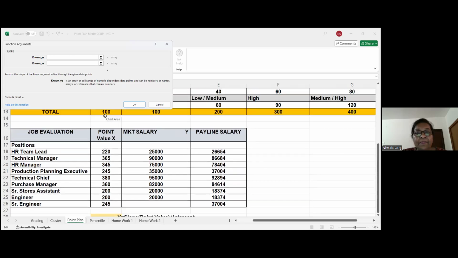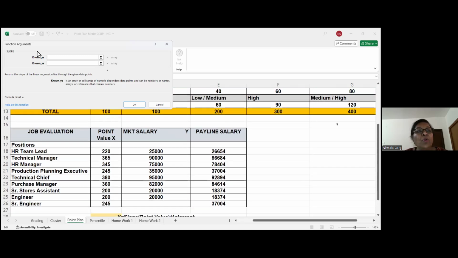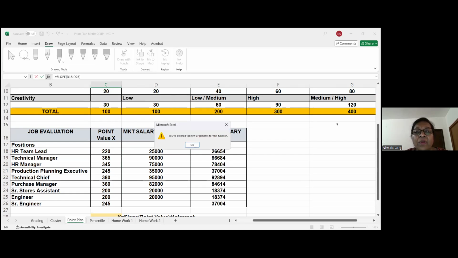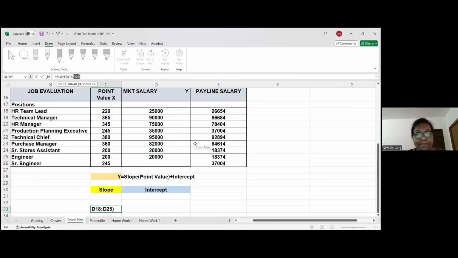I have to drag the data a little here. Let me just check, 18 to 25. Okay, you have entered a few columns also. One second.